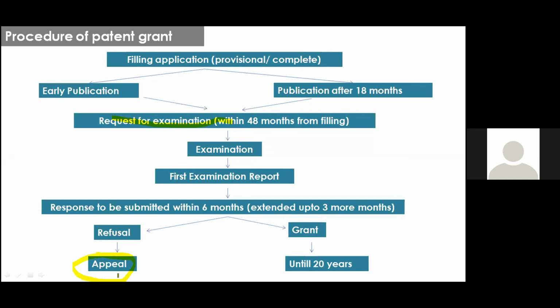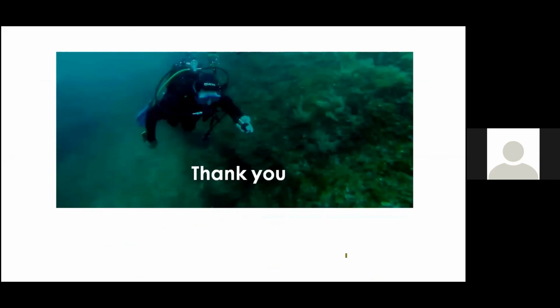A very good example is Diamond versus Chakrabarty, where after refusal they went on to appeal, and in the end they got the patent. If it is granted, then it is granted for close to 20 years. So this is the overall procedure of patent grant in India. That's it for today's talk.